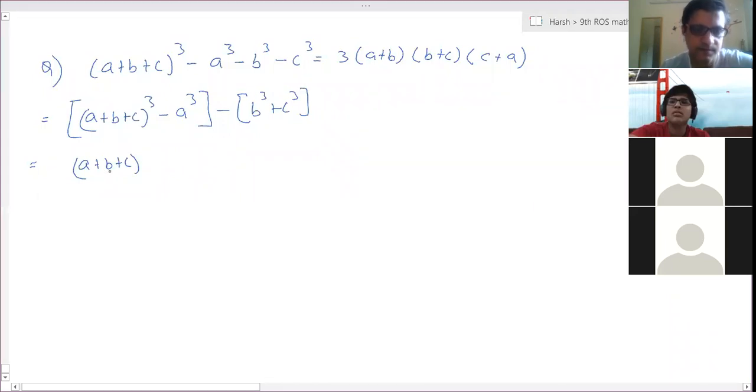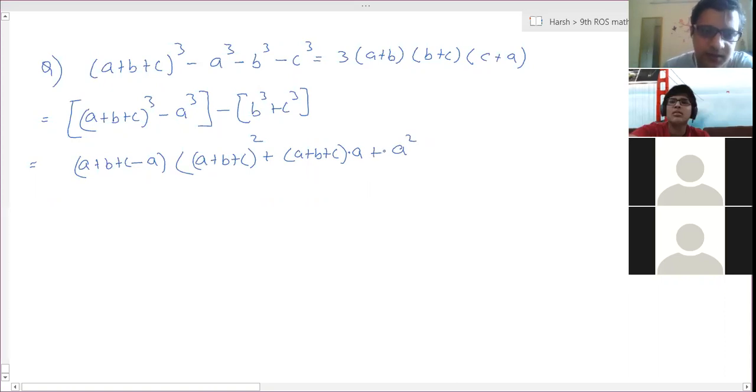So A plus B plus C minus A, then into A plus B plus C the whole square, plus A plus B plus C into A, plus A square.